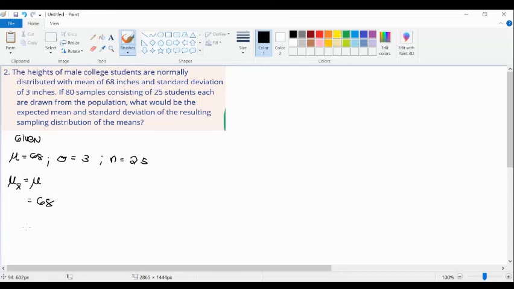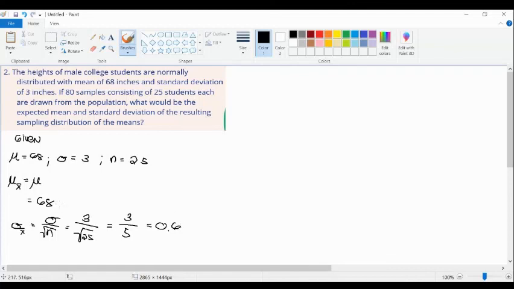Okay. And next, we're going to find the standard deviation of the sampling distribution using this property, like what we did earlier in our first example. What's your standard deviation? That is 3, over the square root of 25. The square root of 25 is 5. So 3 divided by 5 is equal to 0.6.